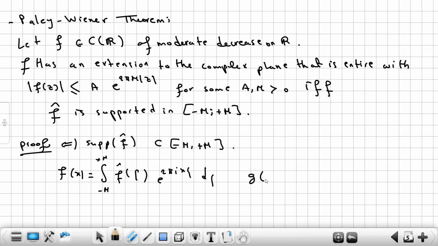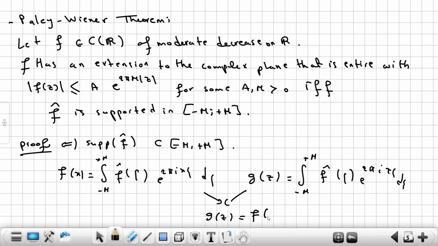Consider the function g of z equal to the integral from minus M to plus M of f hat of psi e to the power 2 pi i z psi d psi. Now this integral is well defined, so g is well defined since the range of the integration is finite. And it's crystal clear that g of z is equal to f of z when z is real.